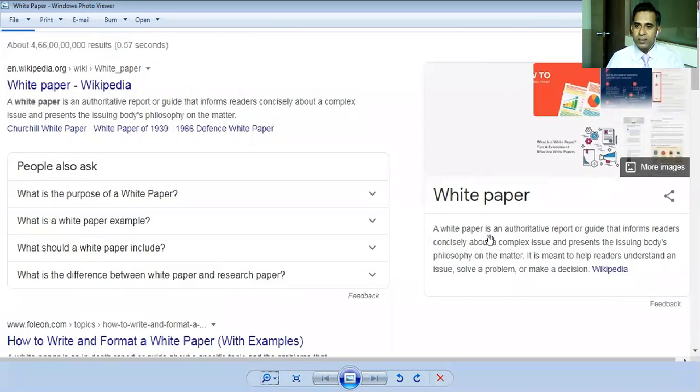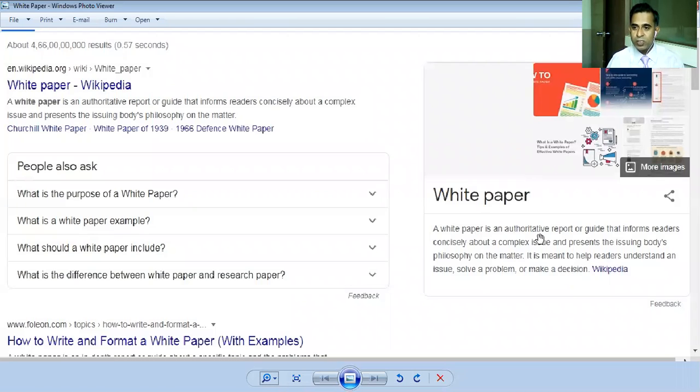A white paper is an authoritative report or guide that informs readers concisely about a complex issue and presents the issuing body's, meaning the author's or publisher's, philosophy on the matter. It is meant to help readers understand an issue, solve a problem, or make a decision. This is how it is different from a regular research paper.